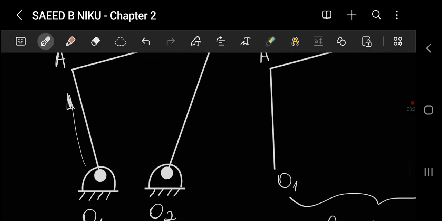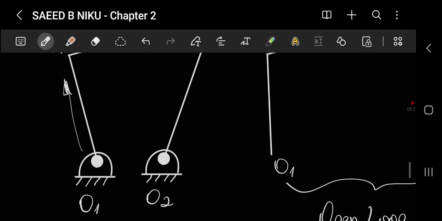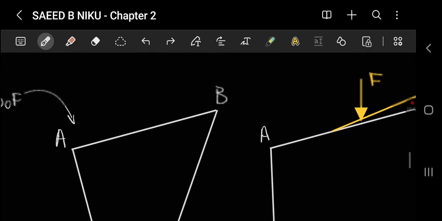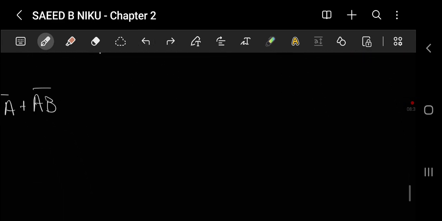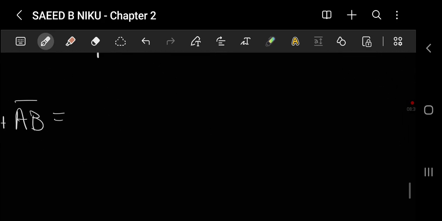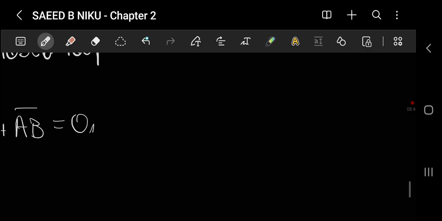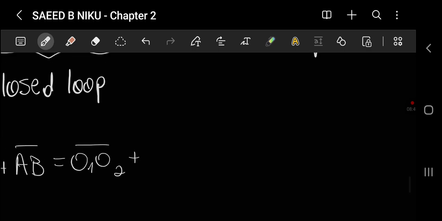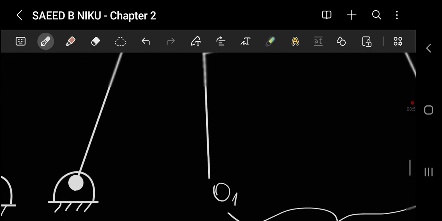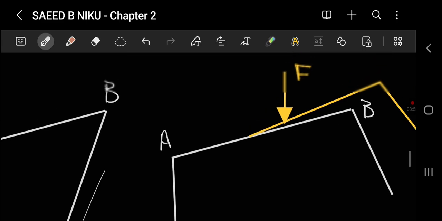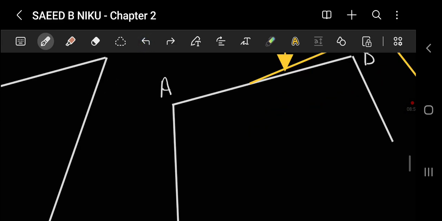It's like a vector from O1 to A, from A to B, just like a vector. For from O1 to O2 and from O2 to B.